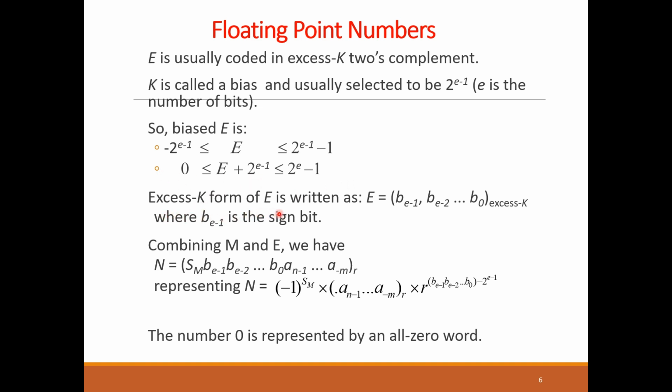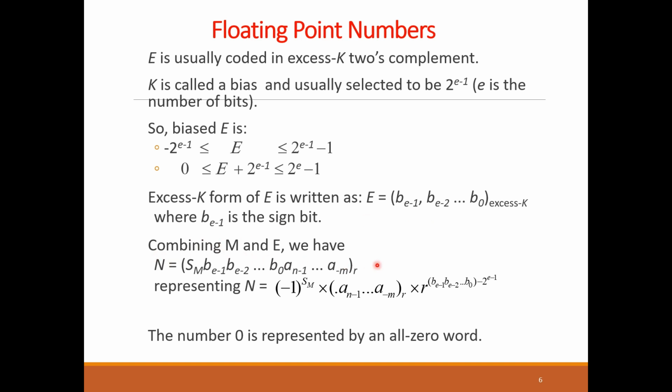So the excess k form of E is written like this. It is the bias, E minus 1 bit, then E minus 2 bit, like this, it will range from 0 to E minus 1, meaning you are using E number of bits to represent the exponent.